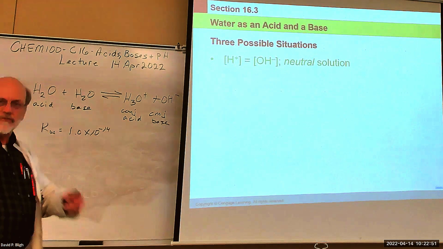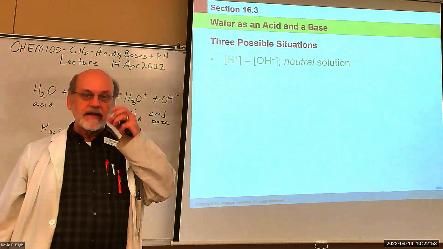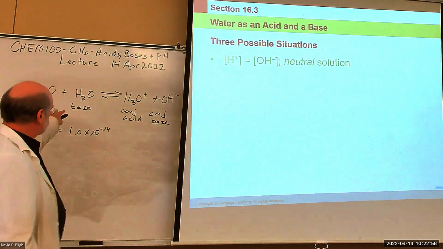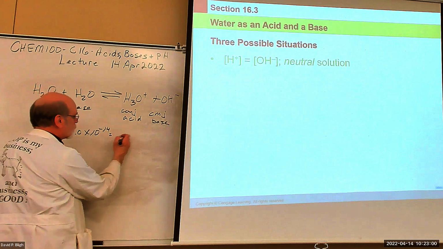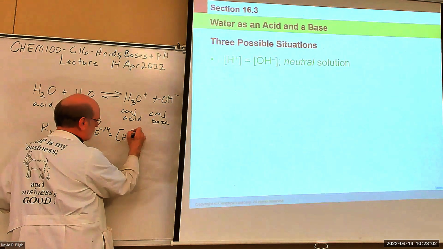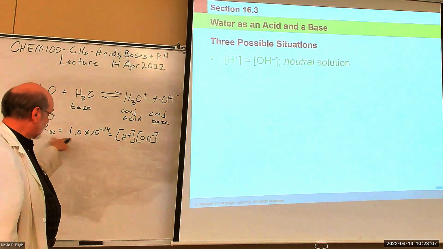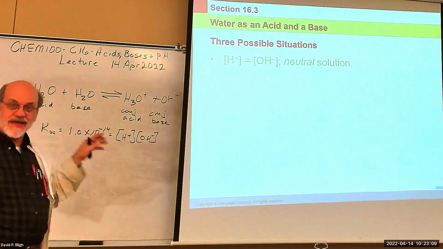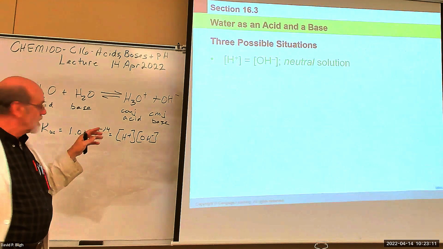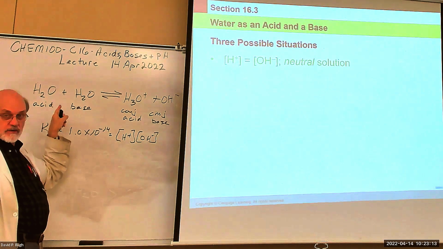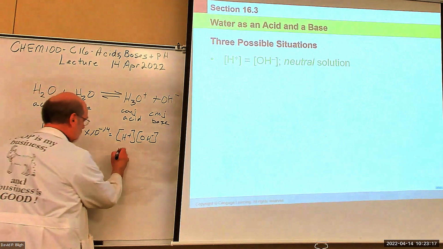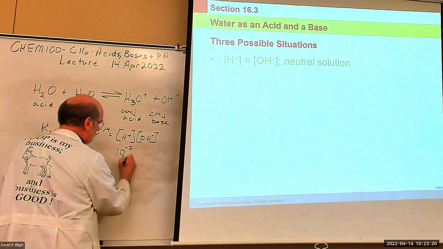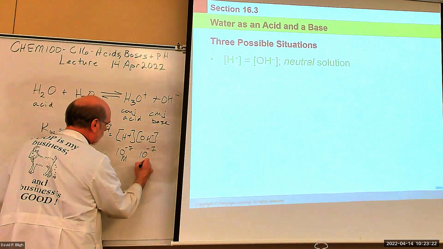Okay, three possibilities. In solution, if it's just water, nothing else, then this is equal to that times that. That's the expression. So what does that mean? Since they came from the same source, these have to be equal: 10 to the minus 7th molar and 10 to the minus 7th molar.